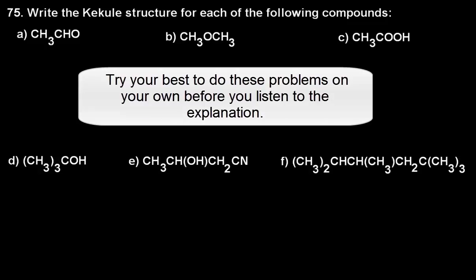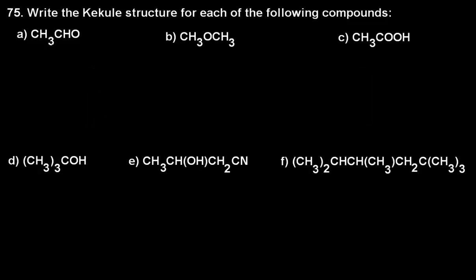We've got this compound CH3CHO. So first problem to address is the CH3 bit. Just as a very quick reminder, for this carbon, what this is saying is that this carbon has 3 hydrogen atoms attached to it covalently.